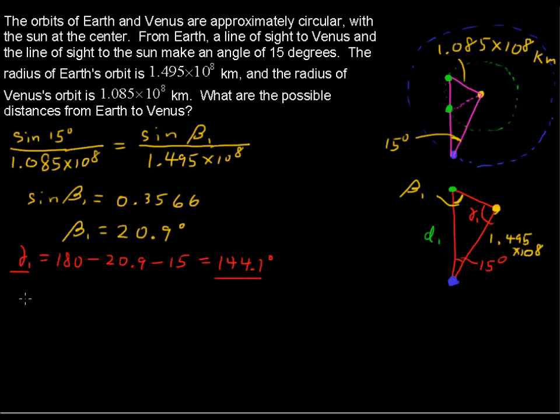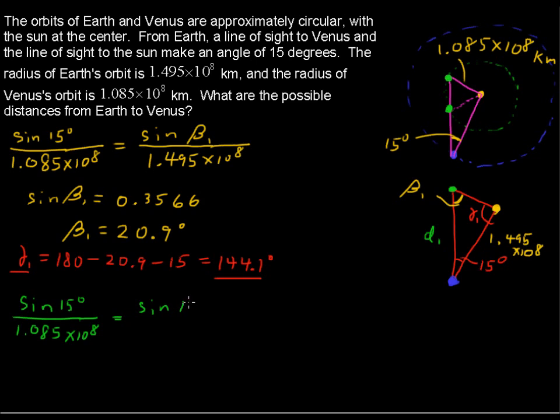So we have sine of 15 degrees over the 1.085 times 10 to the 8th equals sine of the gamma that we just found. That's the opposite of the distance that we want.